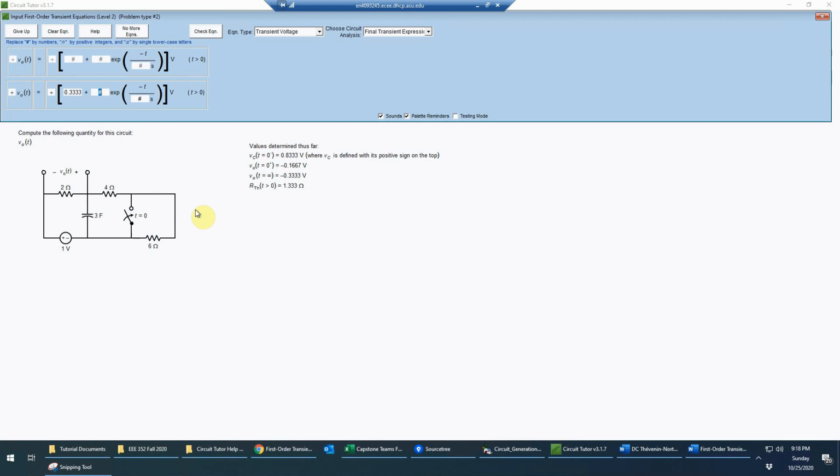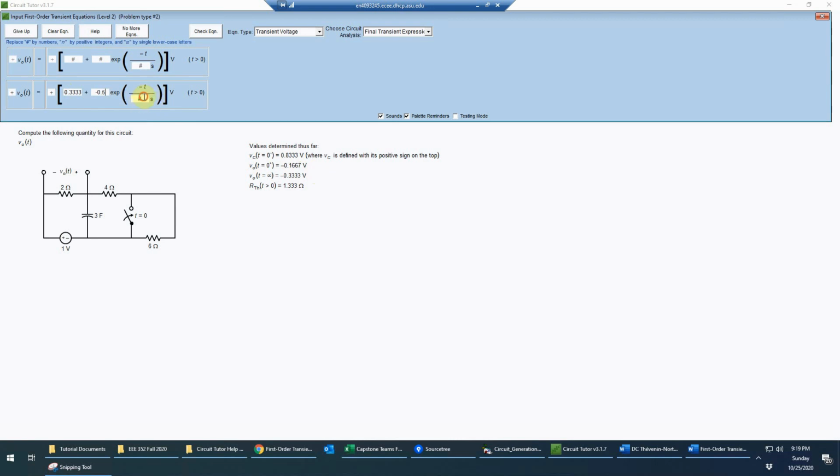So it's going to be 0.1667 minus 0.3333, and that's just negative 0.5. And you can check that that in fact will add up to this value of minus 0.1667, which it does. So just a third minus a half is going to be minus a sixth, which is this.